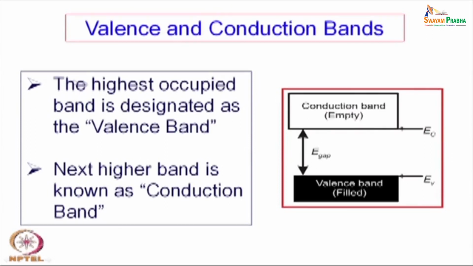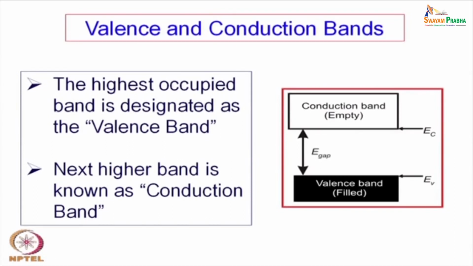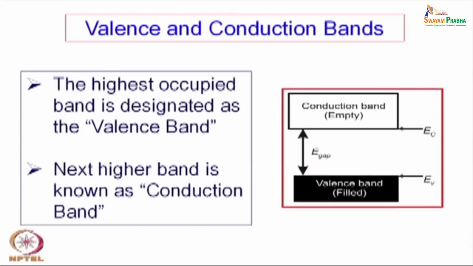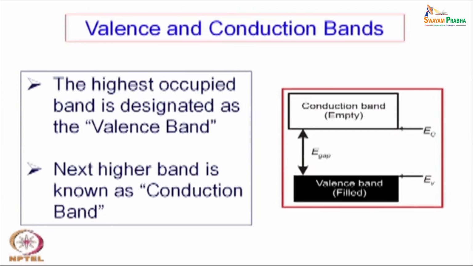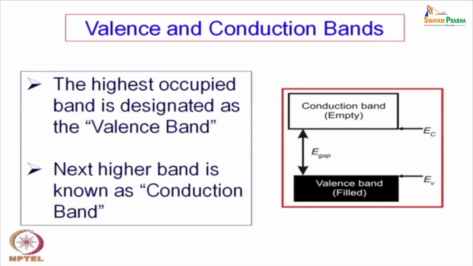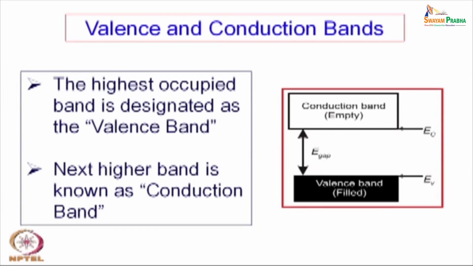Anyway, with that we also should define what the valency band and conduction band are. These are the two terms which we extensively use whenever we talk about electronic conduction in semiconductors particularly, or even in metals and insulators. Okay. So, ultimately the concept of valency band and conduction band is most important.